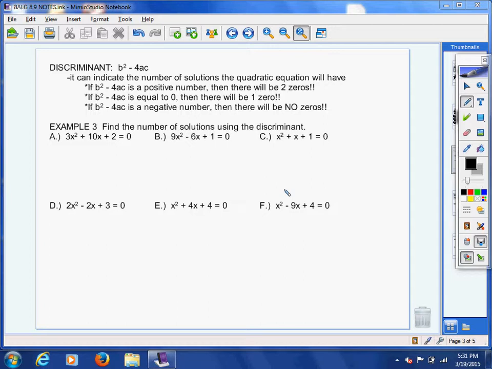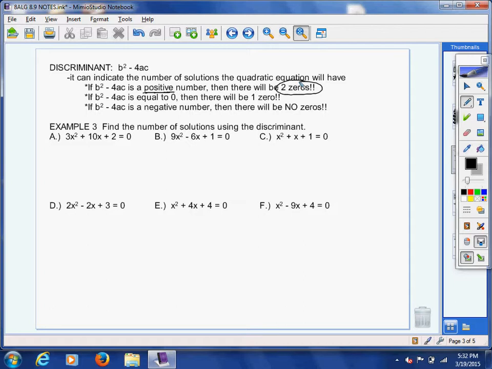Now, here's the trick. If b squared minus 4ac is positive, and all the ones we did in example 1 and example 2 were positive, what that means is you're going to have 2 zeros. Your parabola will cross the x-axis in 2 places.